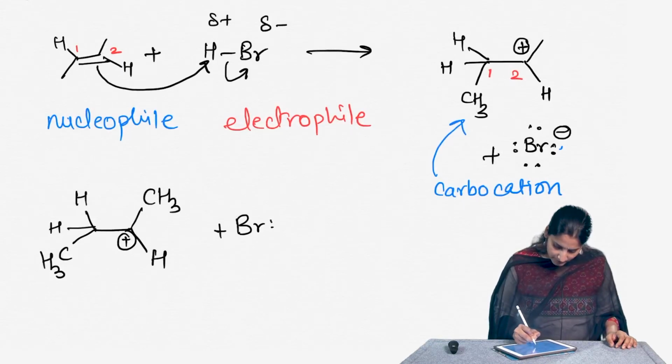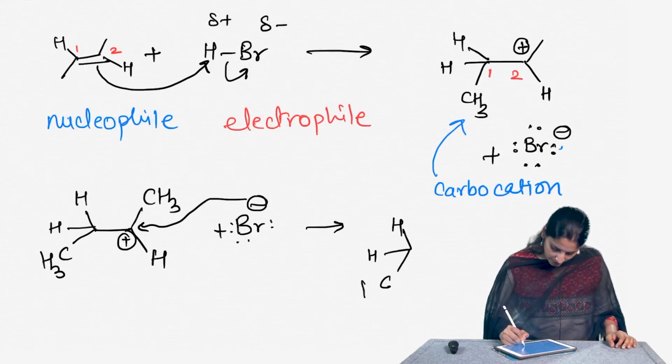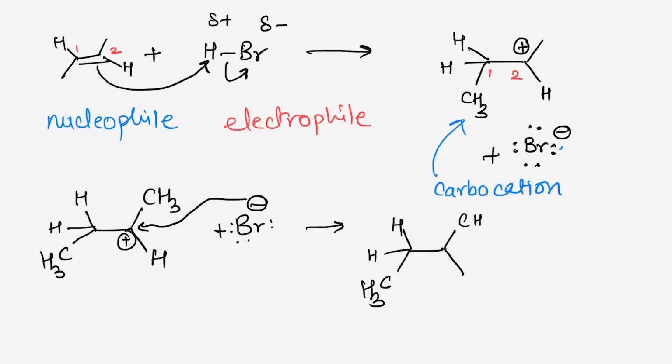So, the bromide with its electrons is going to attack on this carbocation to give you addition of bromine on one of the carbons, right. If I really think about it, one of the hydrogens got added in the first step and the bromine got added in the second step of the reaction.